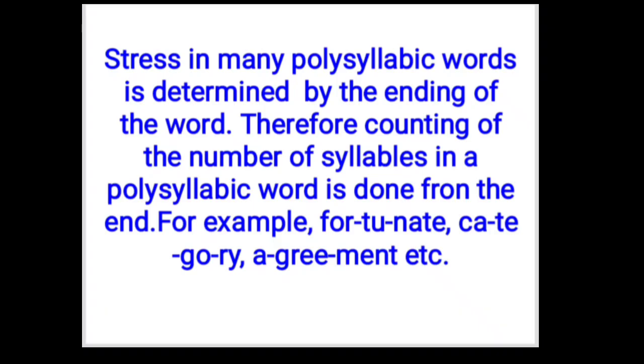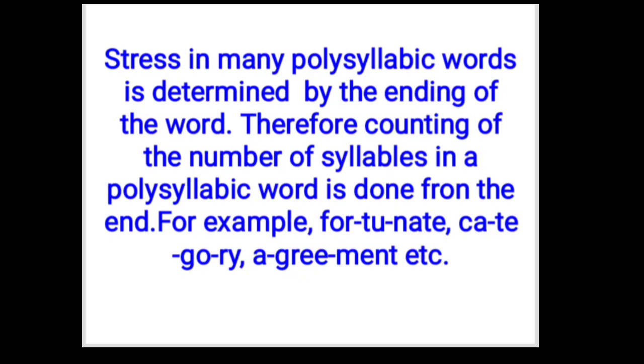So for this word, fortunate, you start counting from NATE. This NATE is the first syllable, then TU is the second syllable, while FOR is the third syllable. Then this other one, category, you start counting from this RY, which is the last syllable, counting from the right hand side.